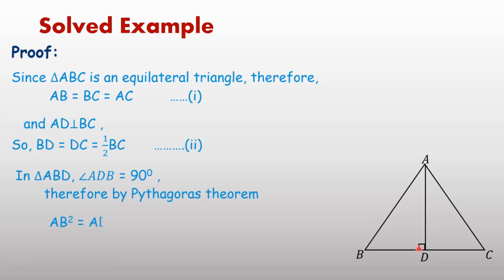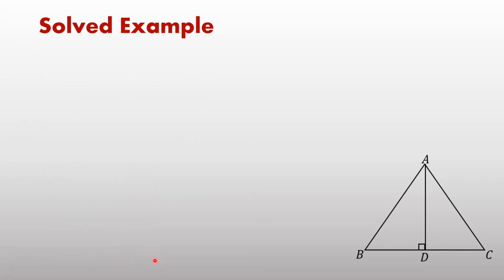Hypotenuse square, means AB square, equals perpendicular square plus base square, AD square plus BD square, equal to, in place of BD we write BC by 2 whole square, which is BC square by 4.